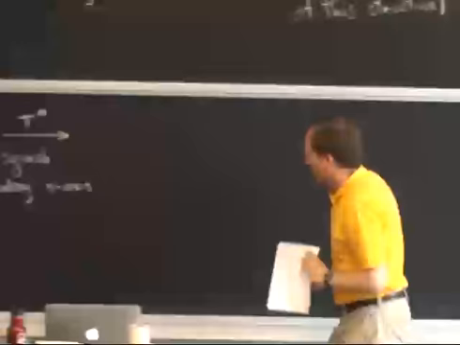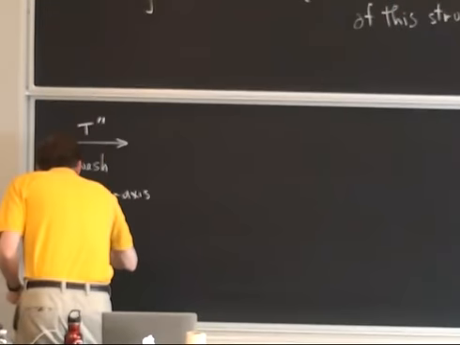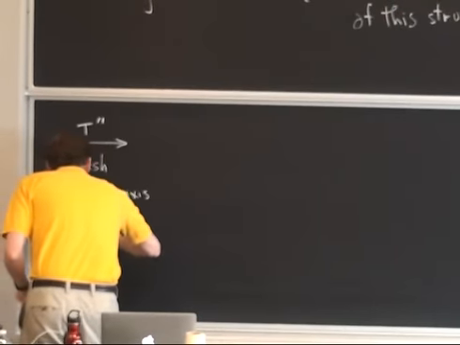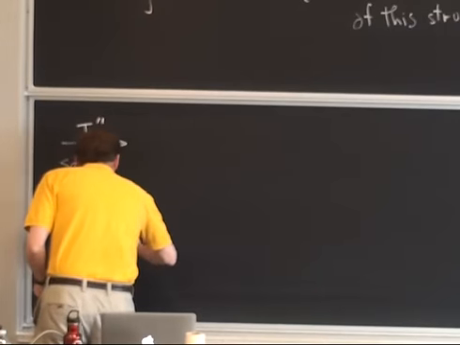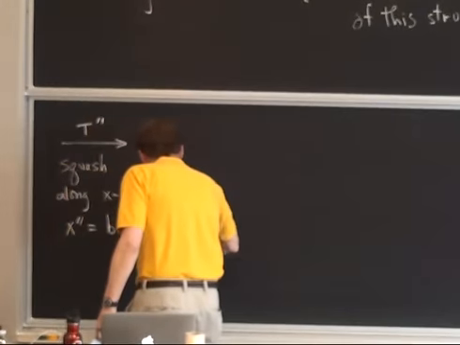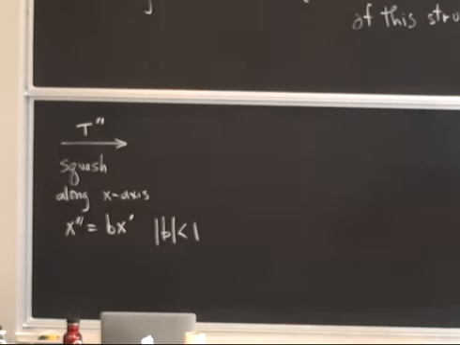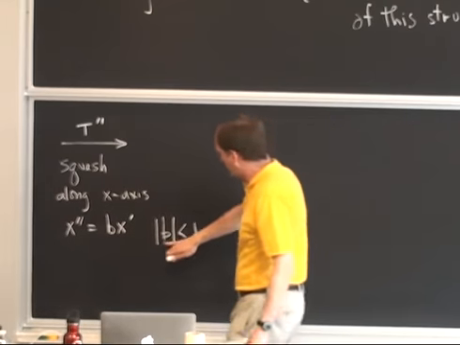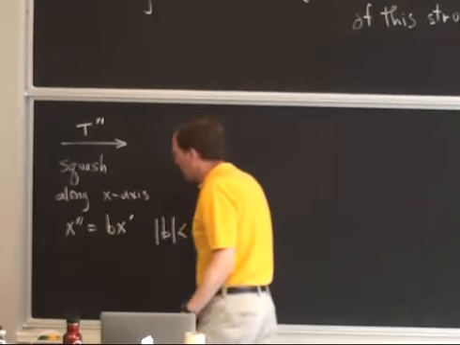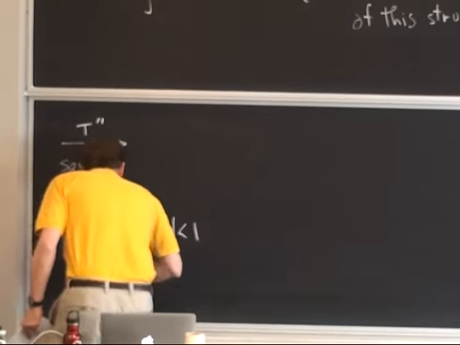And so that map is very easy. We'll make x double prime equal to a constant b times x prime. That is, we're just shrinking things in the x direction by a factor b. So b is going to be less than 1 in magnitude. It could be negative if you want, but it turns out we're going to use a positive one. But anyway, the main thing is its magnitude should be less than 1. And y doesn't change. So y double prime is just y prime.